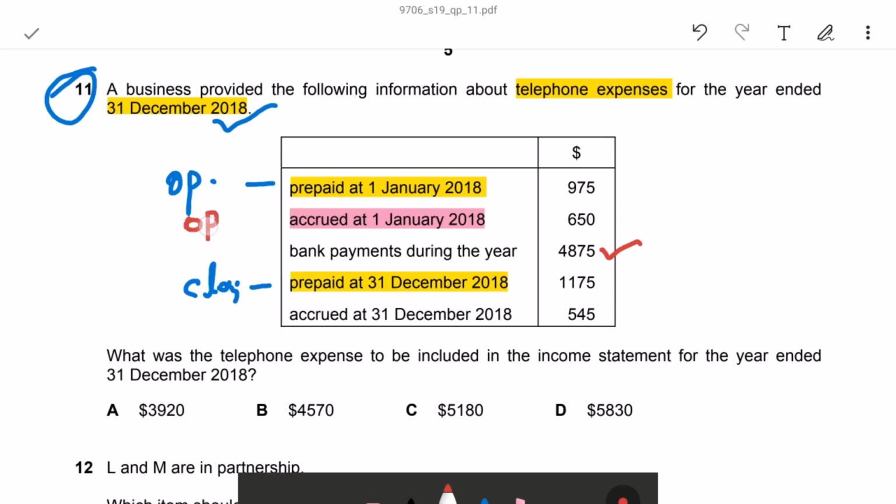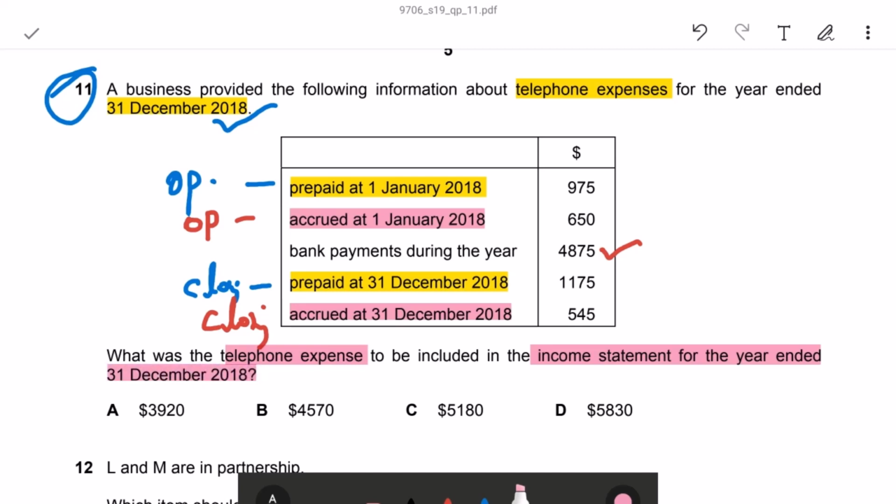This is the opening. Then again they are given closing accrued. So what is the question? What was the telephone expense to be included in the income statement of the year ended 31st December 2018?